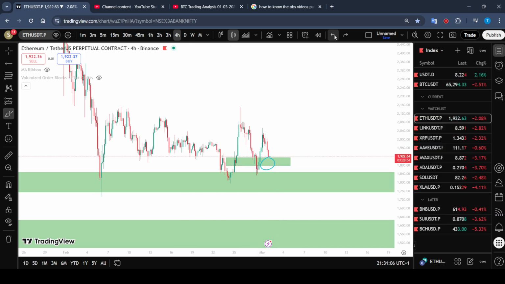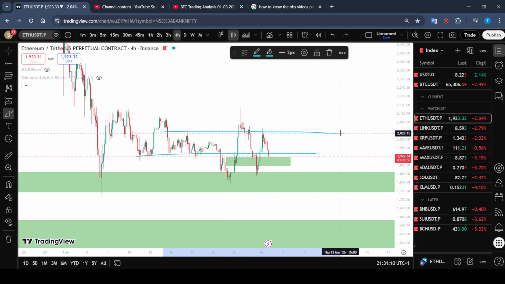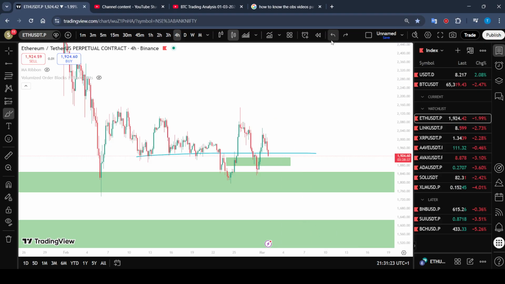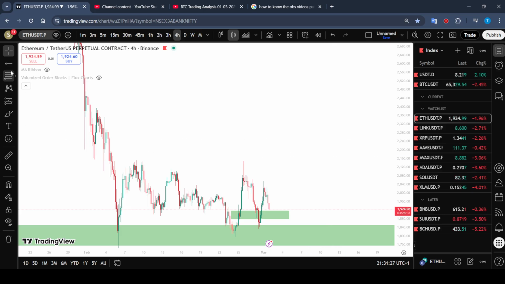So what confirms here? The liquidity grab is confirmed, the change of character is confirmed. We need to see the break of structure. So once the break of structure is confirmed, we can enter at this particular trade and we can have a stop loss at this area. Okay. So now we already understood where we should enter the trade.